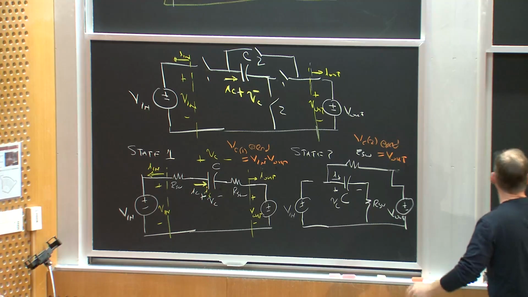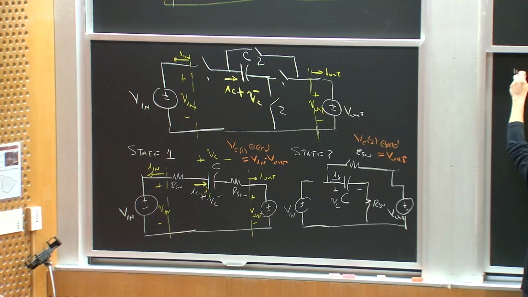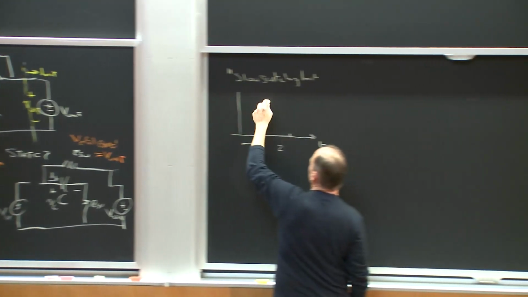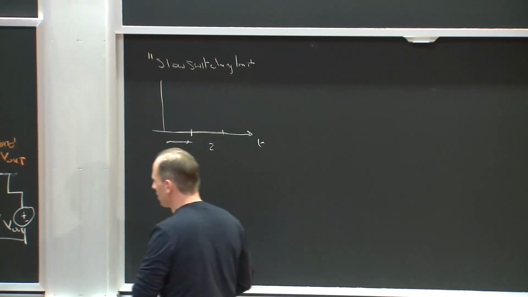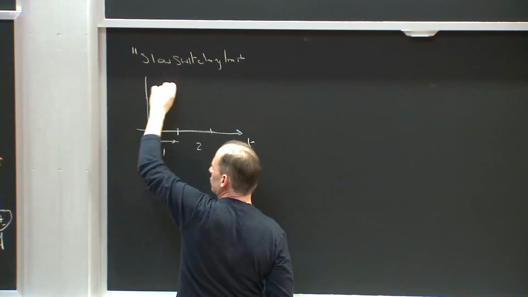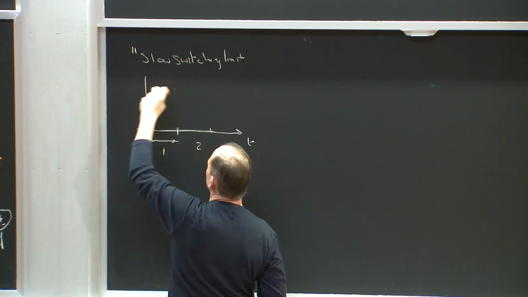So I'm sort of assuming, and this is the slow switching limit, that what my capacitor voltage is going to do versus time, if this is state 1, and this is state 2, is my capacitor is going to charge from V out up to V in minus V out.